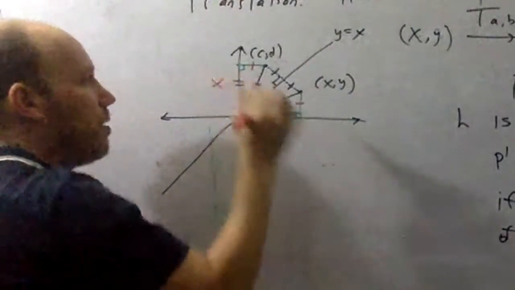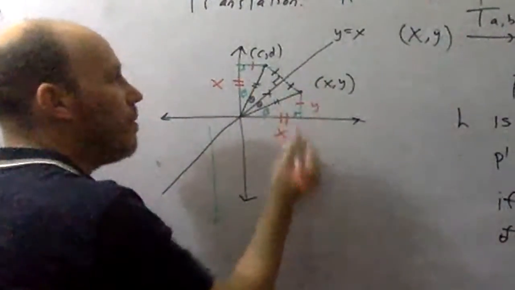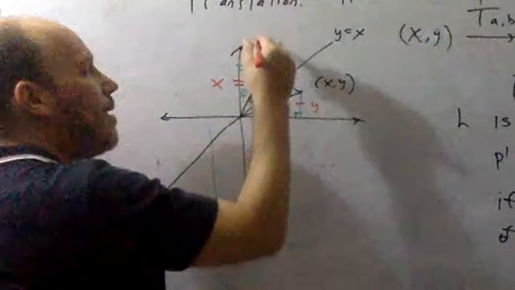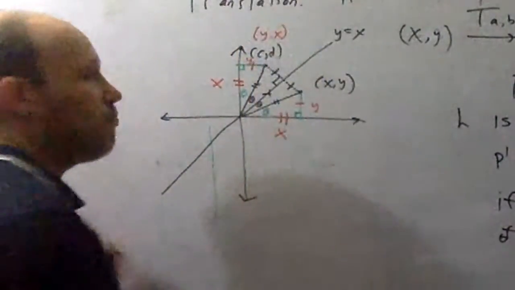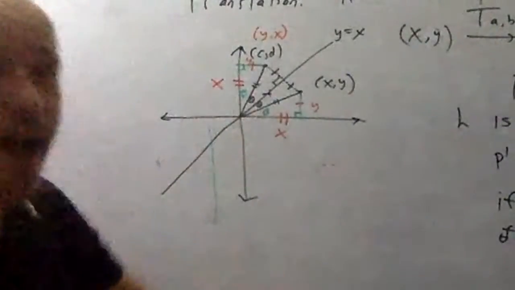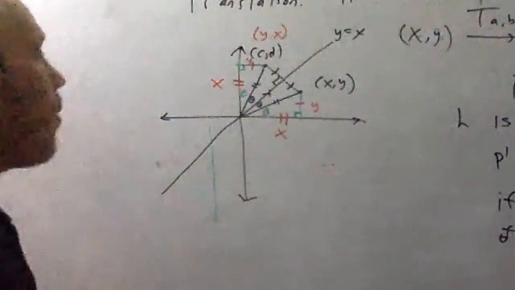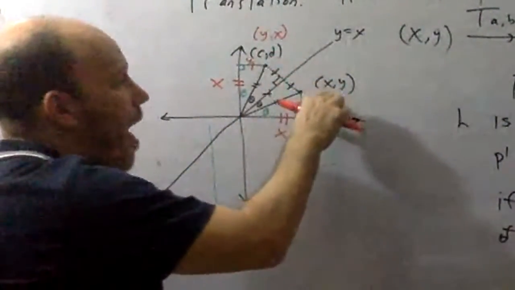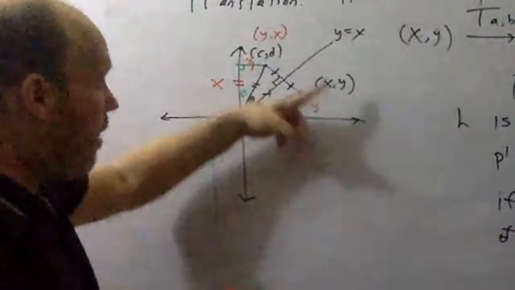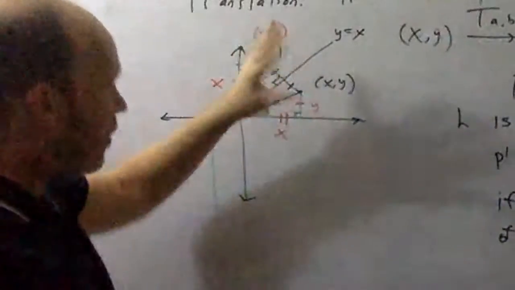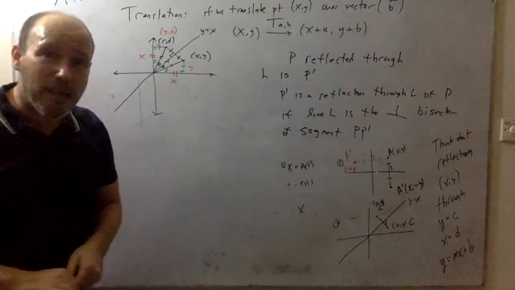That means that this is x. This is y. This is y. That means this coordinate here is (y, x). And therefore, that's one way of proving that when you reflect the point (x, y) over the line y equals x, the image is (y, x). You flip it. Nice.